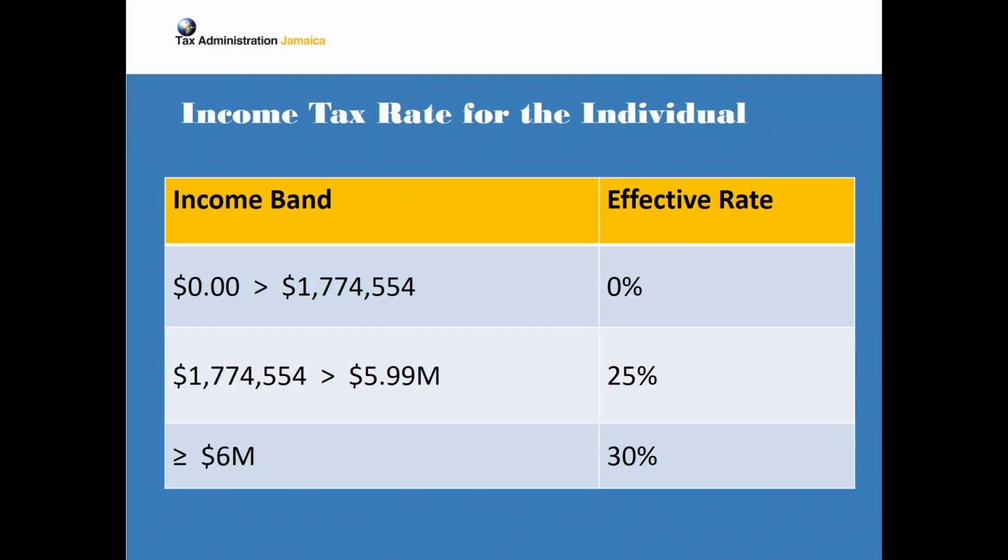$1,774,000 to $5,999, you pay 25%. And this, of course, is your statutory income. Statutory income. This is not gross income, people. It's statutory income. What is statutory income again? Remind me.